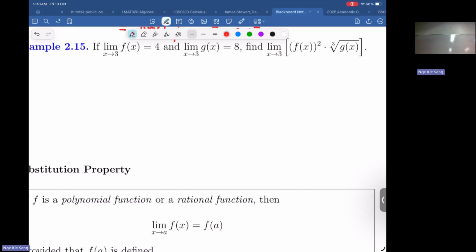What's the name of the law? What law will you use to find the limit? In general, what's the name of those laws?